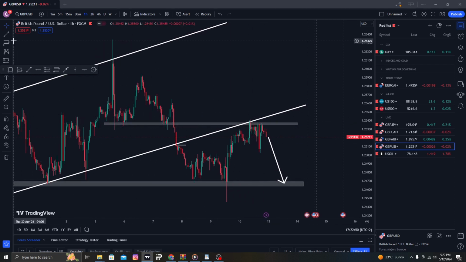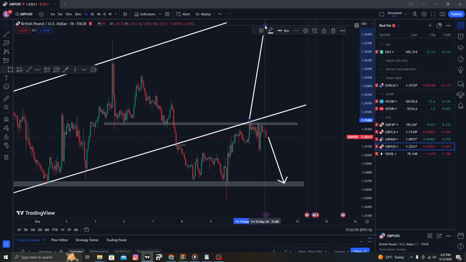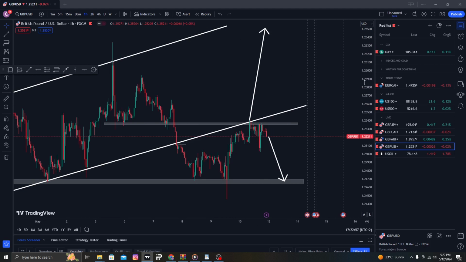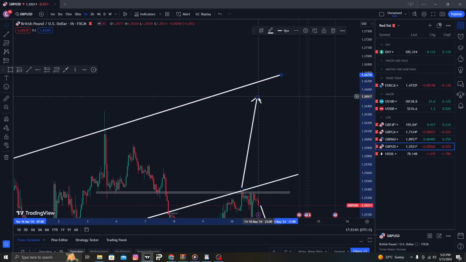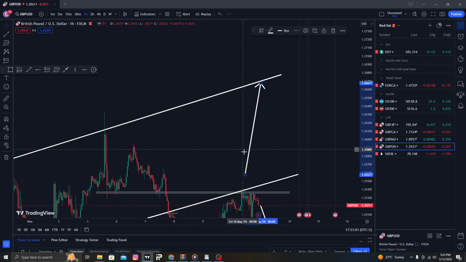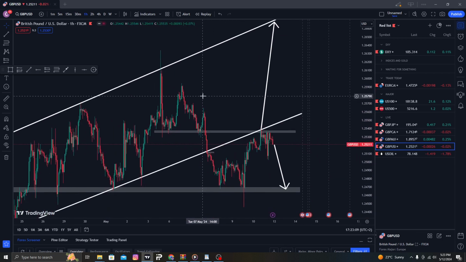If price goes above this level, that means you know that your trade is going up here. If price breaks this level that we just drew right now, that means now you know that my trade is going up here.